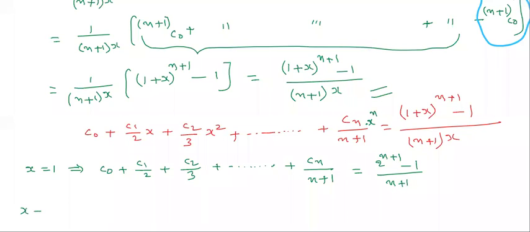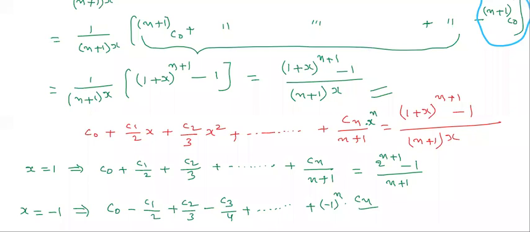Just in place of x we are writing 1. Put x equal to minus 1. Then what happens, students? Tell me. C0 minus C1 by 2 plus C2 by 3 minus C3 by 4 plus and so on. What about the last term, students? Minus 1 whole power n into Cn by n plus 1.